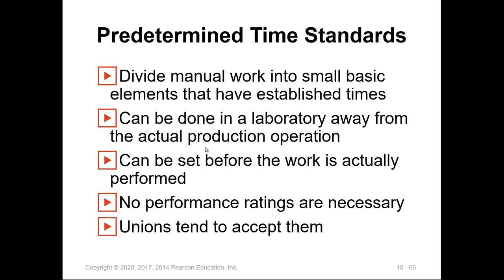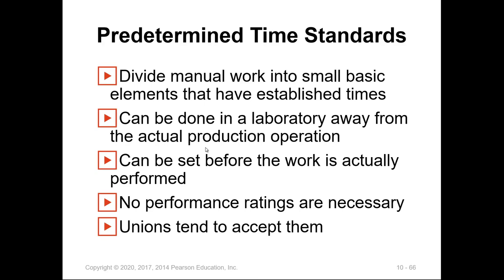The third way of determining task time standard is to use a predetermined time standard. Something that's been predetermined before, or somebody did before, and it's predetermined how much time you need to accomplish this task, where we divide the manual work into small basic elements that have established times.